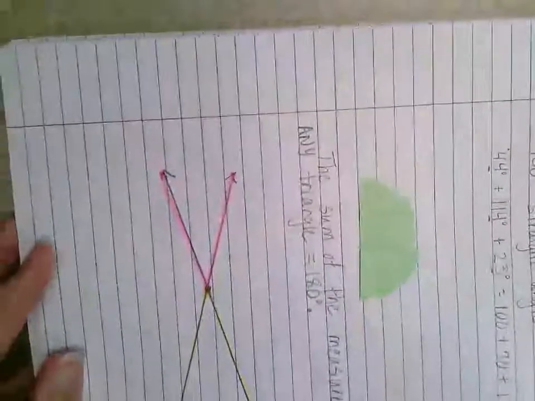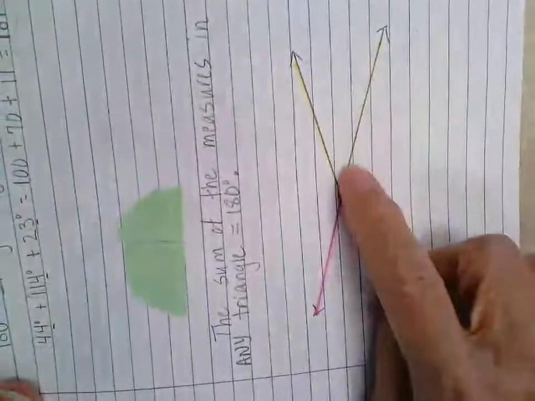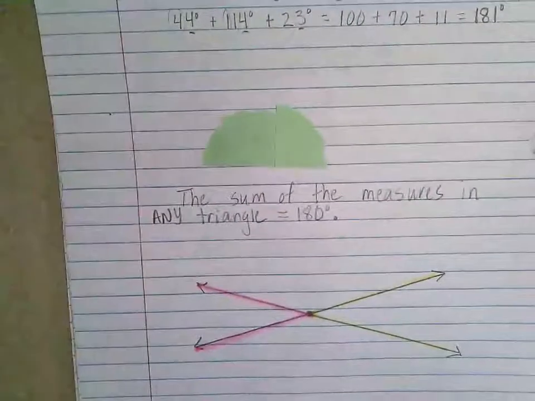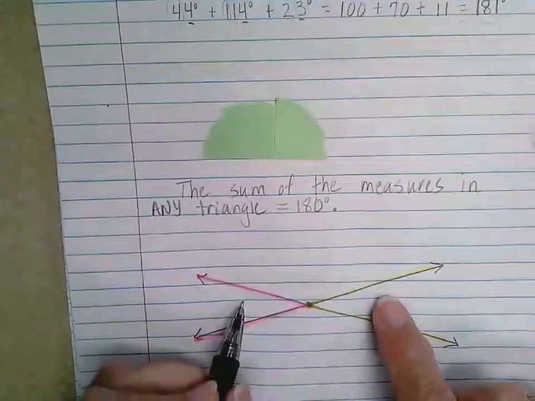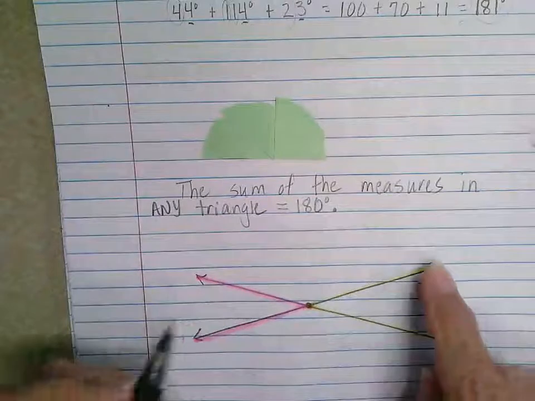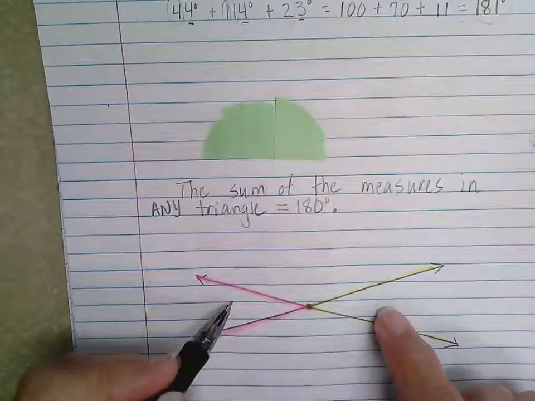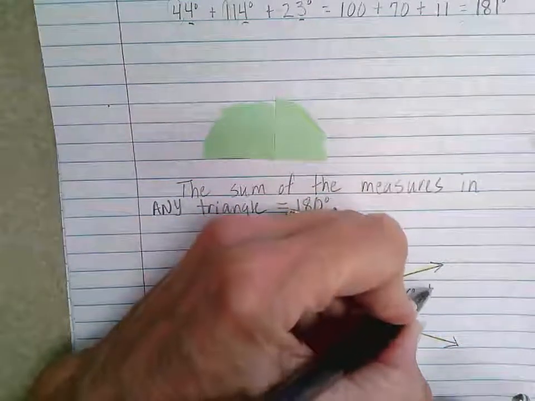If you look at this right here and this right here, the yellow, they look like the letter V. And that happens to be the name of what we call these pairs of opposite angles when you have two lines that are intersecting. These angles are referred to as vertical angles.